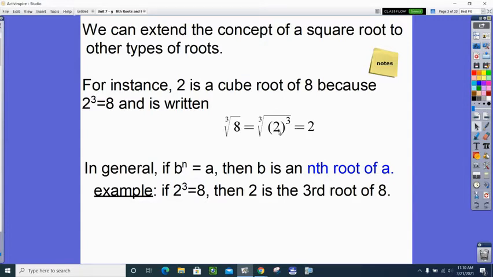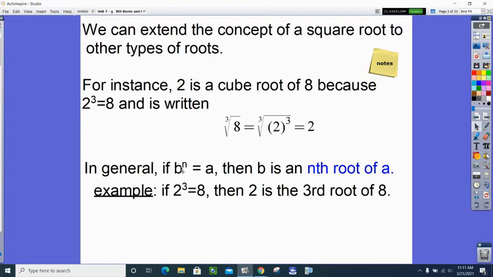So 2 times 2 is 4 times 2. Can you see 3 factors of 2? So the cubed root of 8 would be 2. So when we write 2 to the third equals 8, if we put that into the third root of 8, it would give us back the 2. So cubing and taking the cube root undo each other.